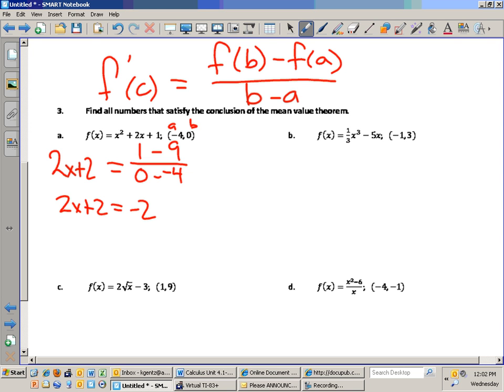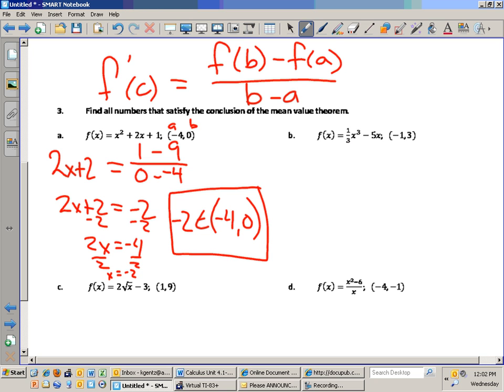And I solved that by subtracting 2. 2x is equal to -4. Divide by 2. X is equal to -2. Is -2 in our interval? It is. -2 exists in (-4, 0). It lies within there. That is the point that I'm looking for.